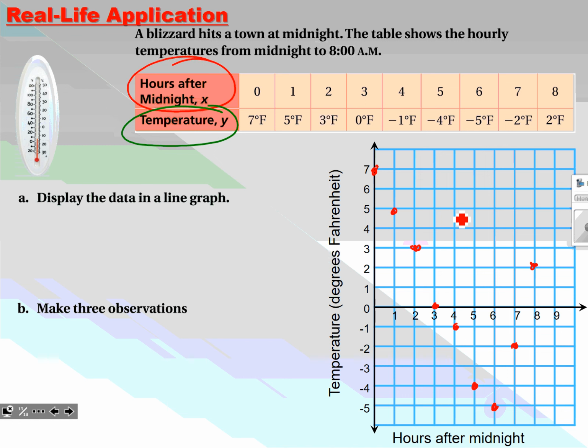If you look at it, it's originally 7 degrees at midnight and then goes down to 5 degrees, 3 degrees, 0 degrees, and then to the negative numbers. So it gets colder after midnight. Again, my observation is not the only observation. So there might be a billion observations here, but you have to name 3.